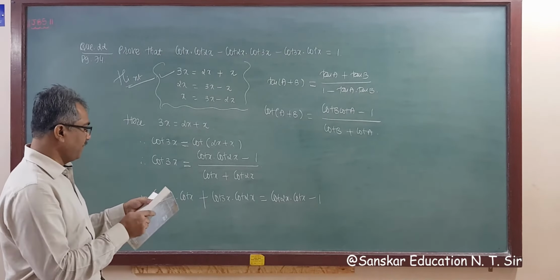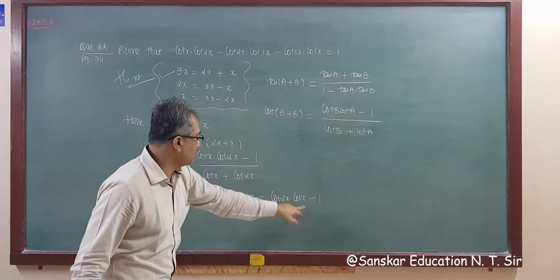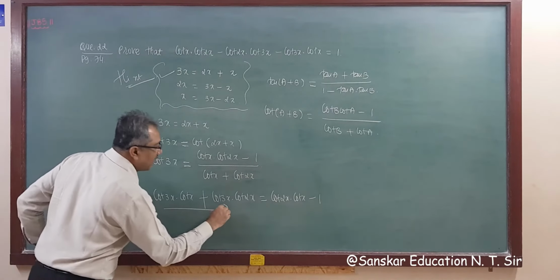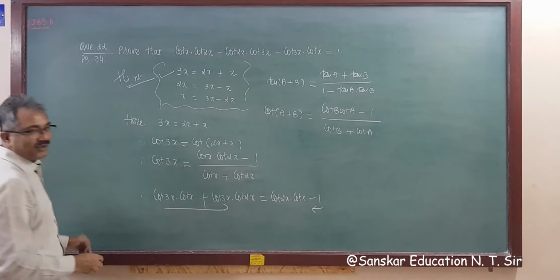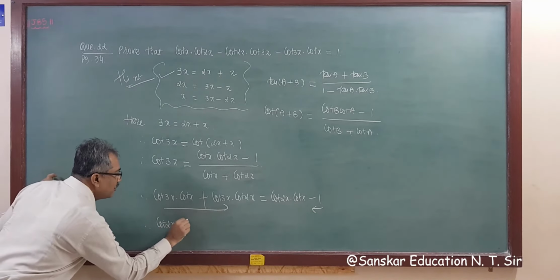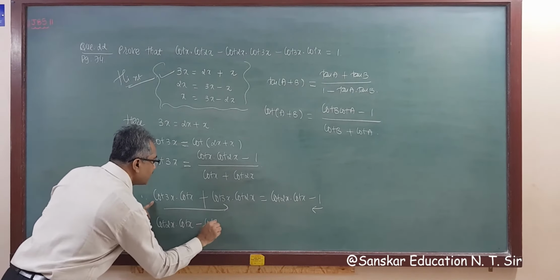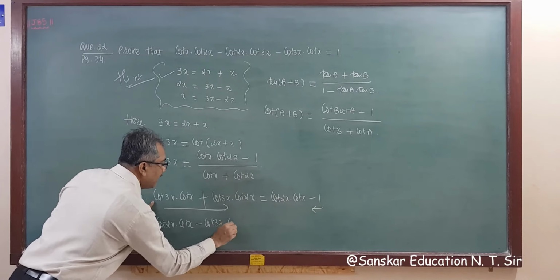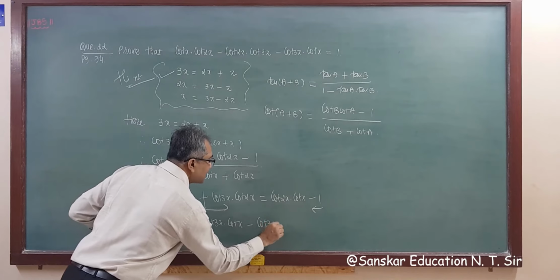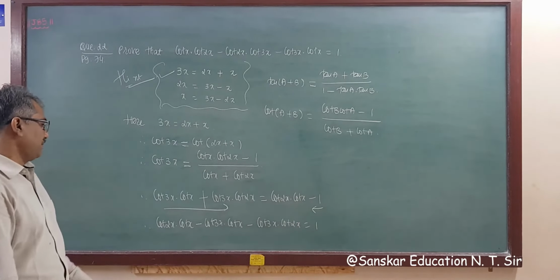Okay, fine. We have cot x into cot 2x. So cot x into cot 2x, and taking this both to right hand side and these two left hand side. Okay, got it. So cot 2x into cot x minus cot 3x into cot x minus cot 3x into cot 2x is equal to 1, right?